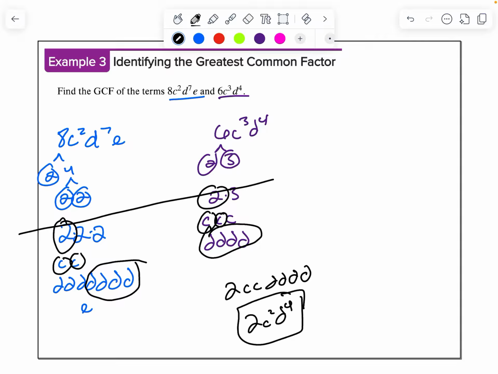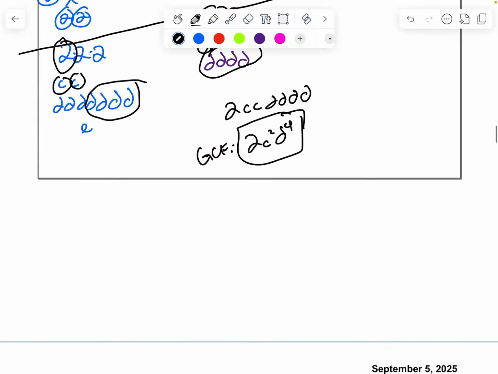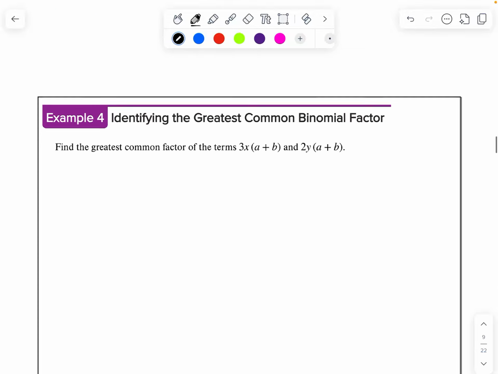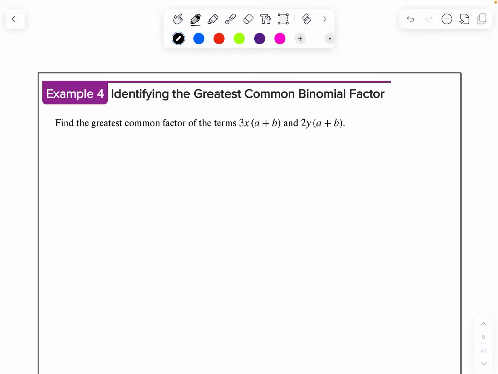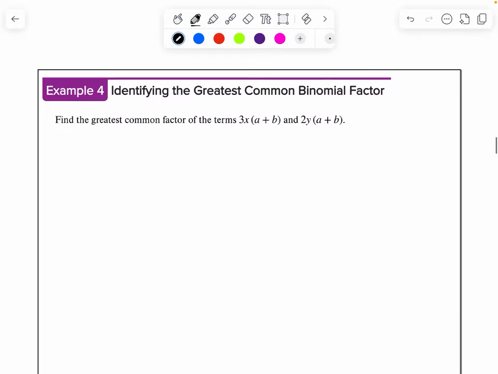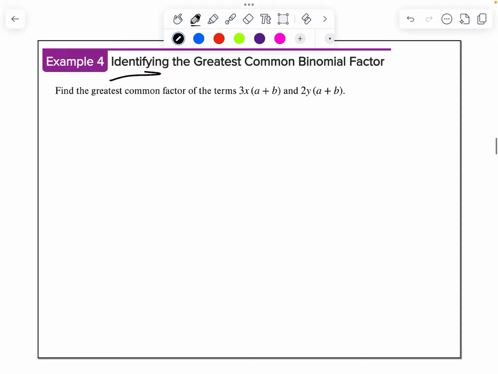All right, we have seen how to find a GCF. Now we need to look at how to actually factor out a GCF. So far we have just identified the greatest common factor. This is another where we're trying to identify it. It just looks a little different. We want to find the greatest common factor.